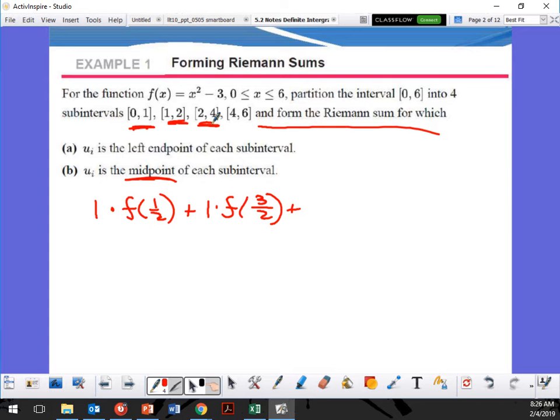Right? So it's 2 times f of 3. Plus, again right here, this is another delta x, 2, times f of, what's this one going to be? F of what? 5. Very good.